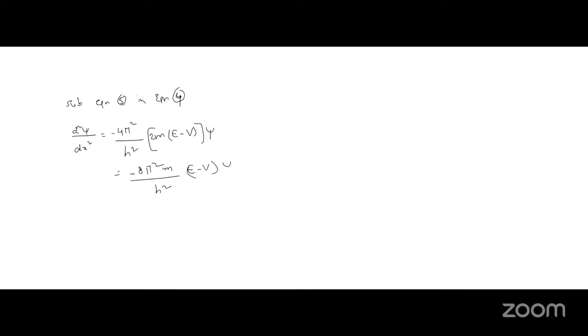Rewriting the above equation with cross multiplication, we get h square by 8 pi square m times dou square psi by dou x square plus E minus V of psi equal to 0.